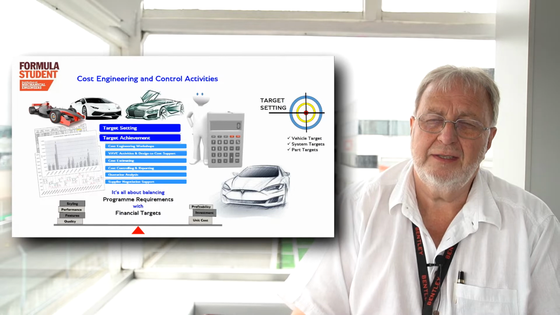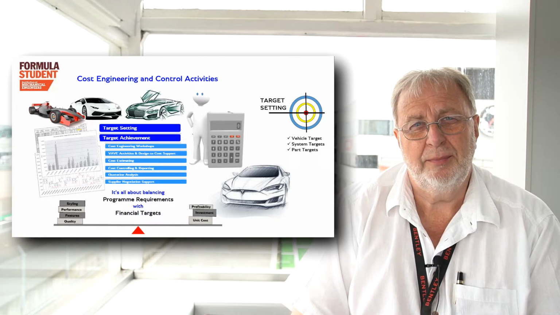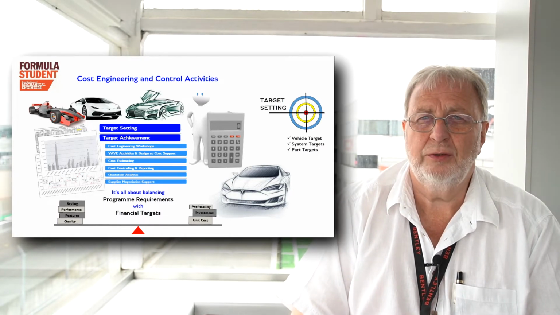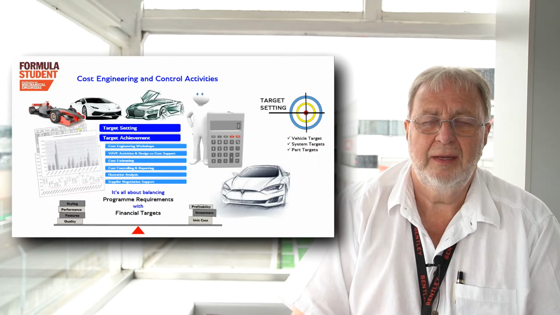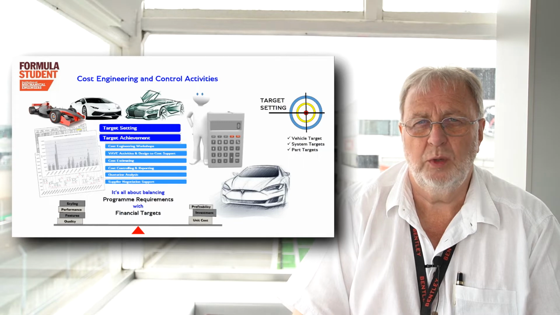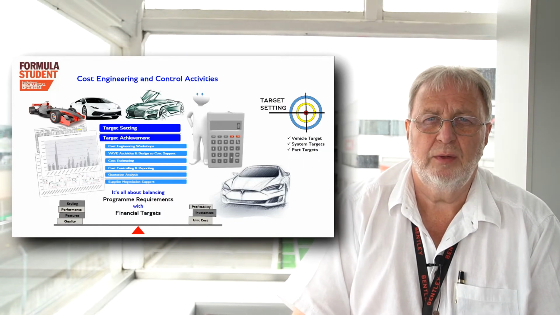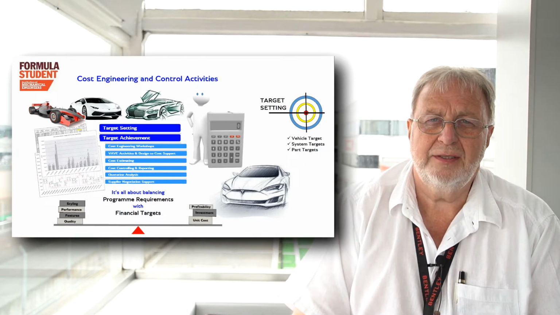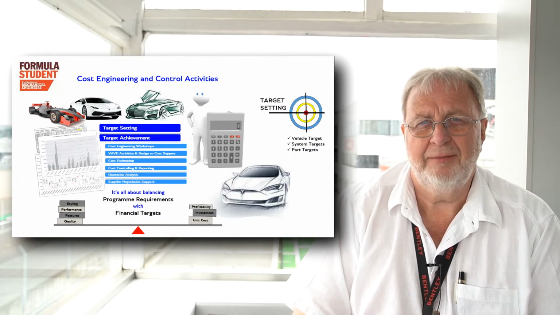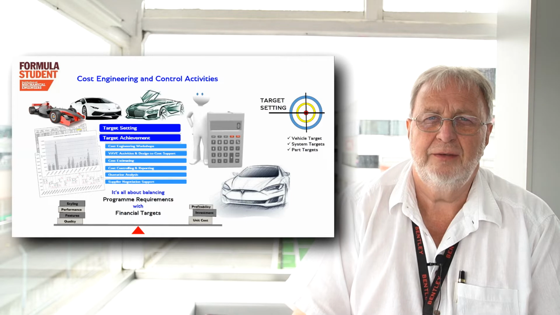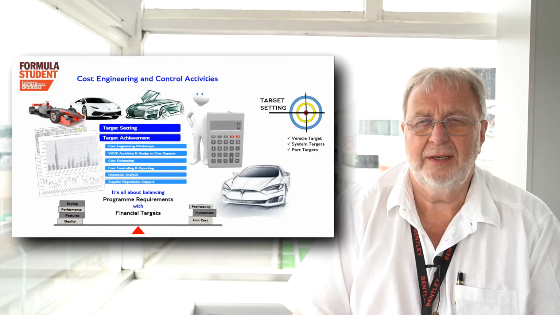So we're looking at the target setting processes, and then more importantly, the target achievement. There's no point having good targets if you can't achieve them. And we'll be looking at the techniques and methods to achieve those targets, from cost engineering workshops, gathering all the parties together to understand what they need to be doing to have best in class and best value for their products, best designs.